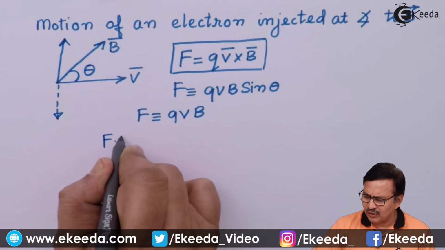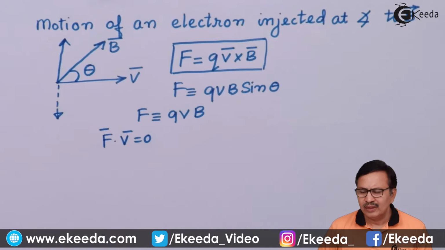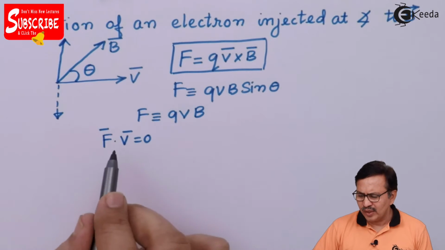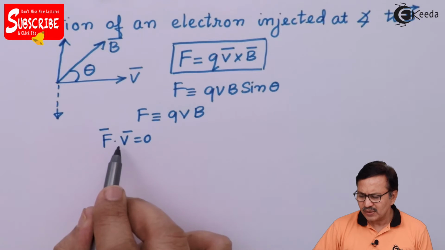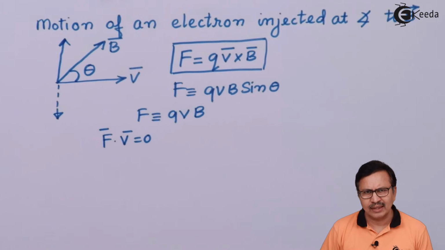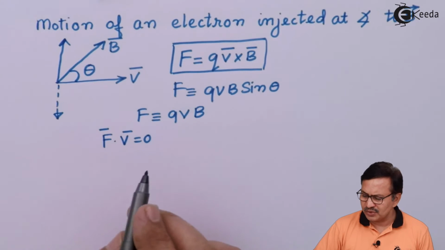This is F dot V equal to 0. Why am I saying F dot V is equal to 0? Because the angle between the velocity and the force is always 90 degrees, the magnetic force is always at 90 degrees, so cos 90 is 0 and F dot V will be equal to 0.